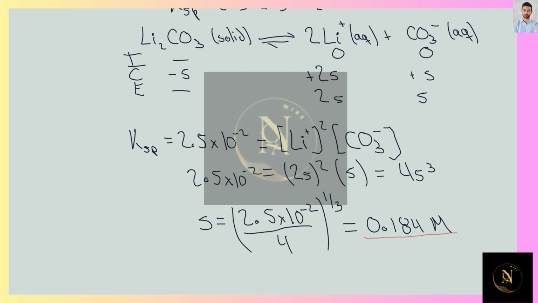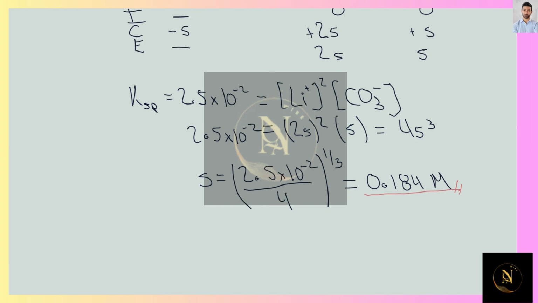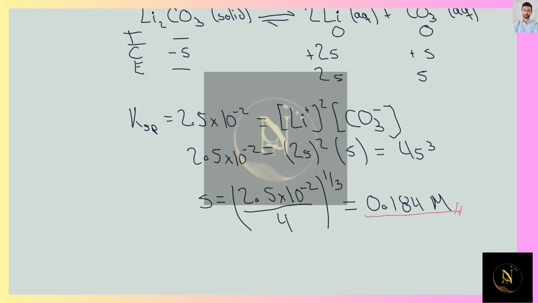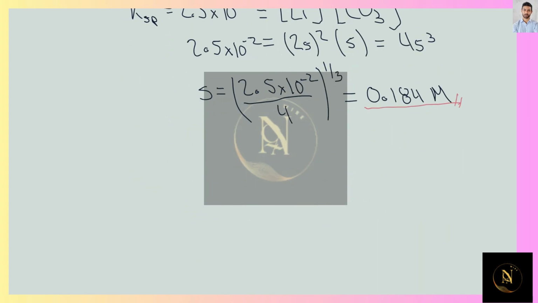So you can add 0.184 moles per liter of this compound. Of course, that molar solubility, you can change it into grams per liter if you want, just by using the molar mass. So now we're going to do another example, but now with an insoluble salt.